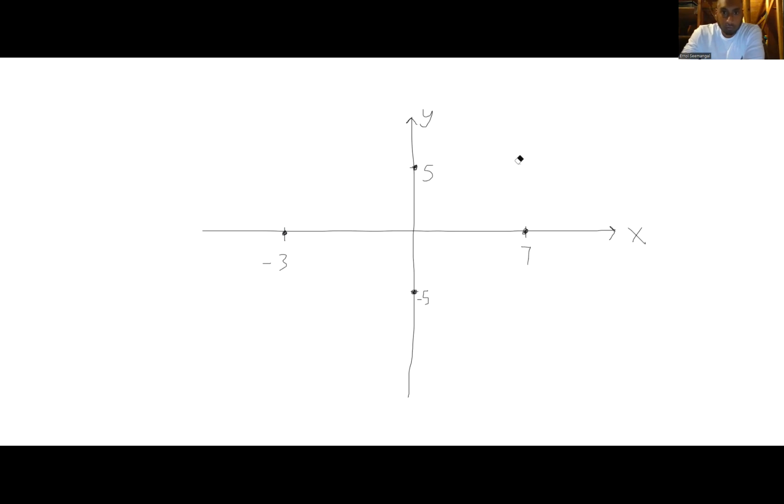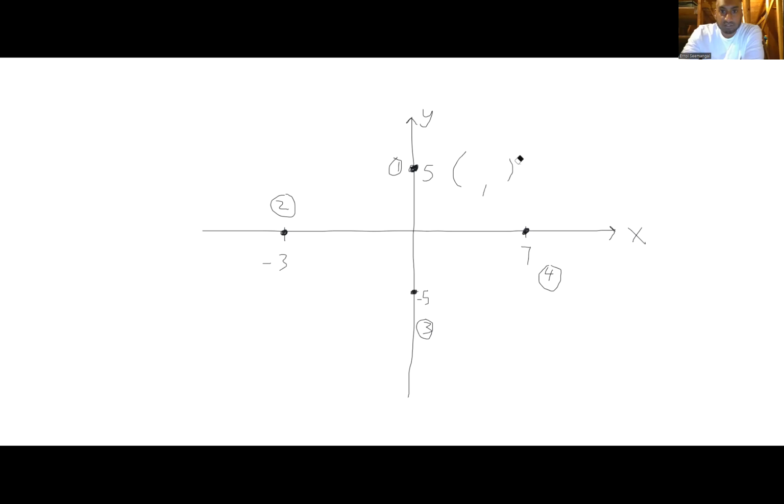Say this is point 1, point 2, 3, and 4. Give me the coordinates of those 4 points. 7, 5 would be up here somewhere. See this point right here? That's point 1, point 2, 3, and 4.